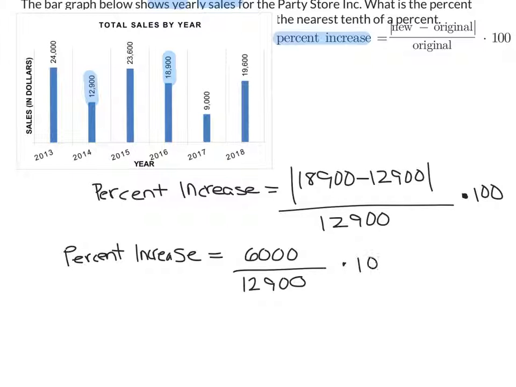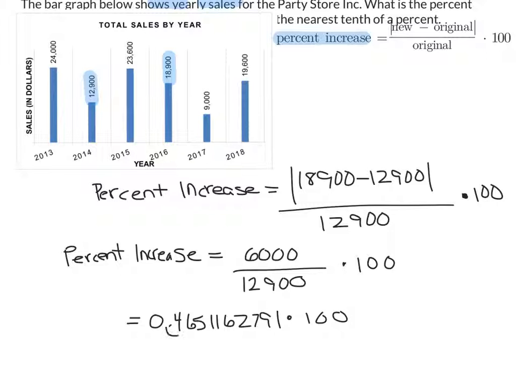Next, we're going to divide by 12,900. 6,000 divided by 12,900 gives us a decimal of 0.465116271. Now we'll multiply that by 100.